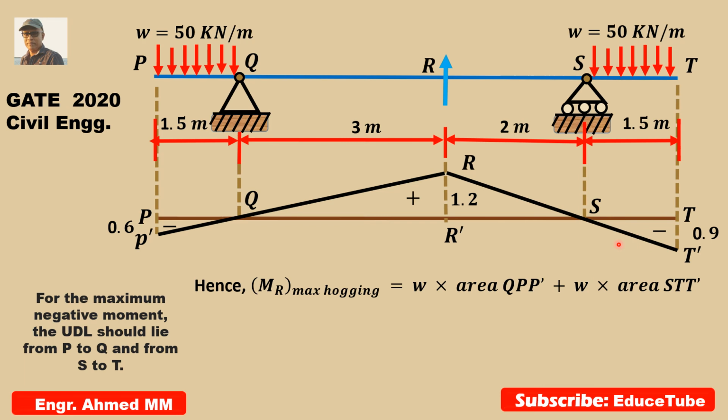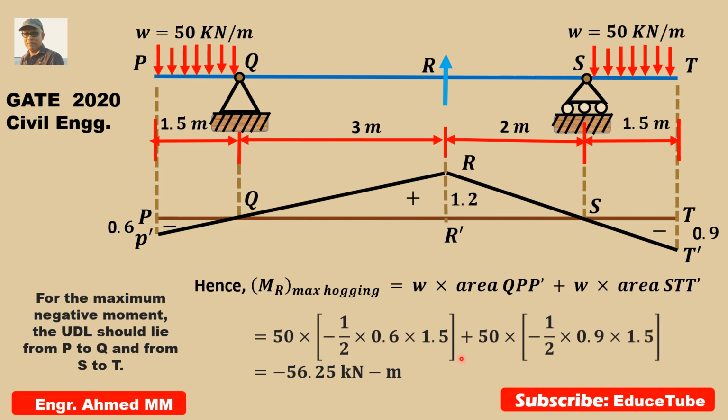So what is that area? Let's write it and calculate by calculator. So 50 minus half, because this is negative, already I put here, half 0.6, we know this vertical ordinate is 0.6 and 1.5 is the distance.